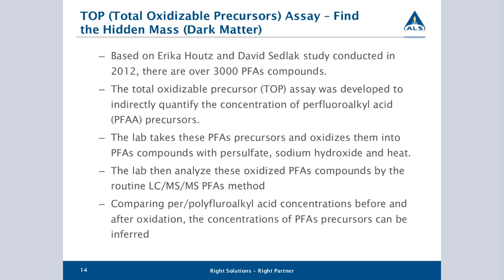If they have, then you know you have other PFOS class of compounds, especially the precursors, in that sample. So you compare the analysis pre-TOP assay and post-TOP assay to determine whether you're capturing all the hidden precursors that you're not analyzing for at the first analysis.